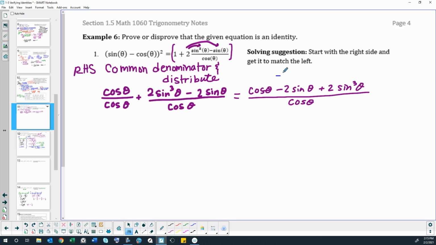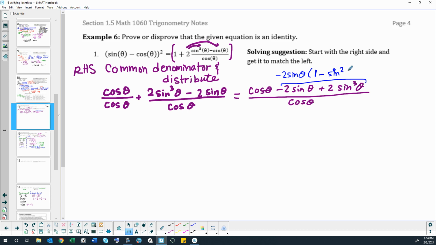We're going to take negative 2 sine theta factored out of this. So negative 2 sine theta factored out of negative 2 sine theta is positive 1. And then negative 2 sine theta factored out of positive 2 sine cubed theta is negative sine squared theta.